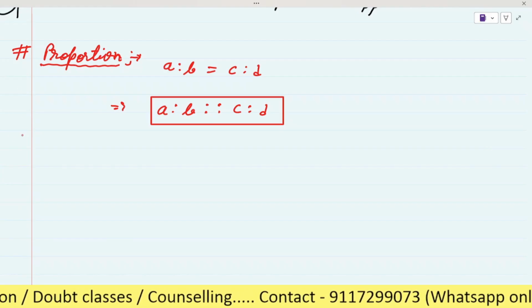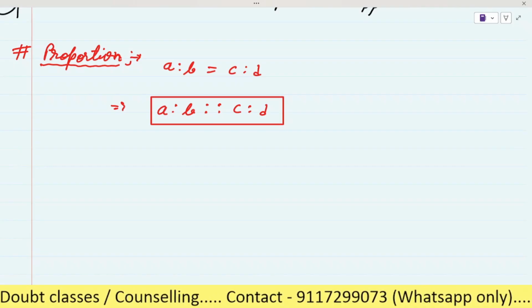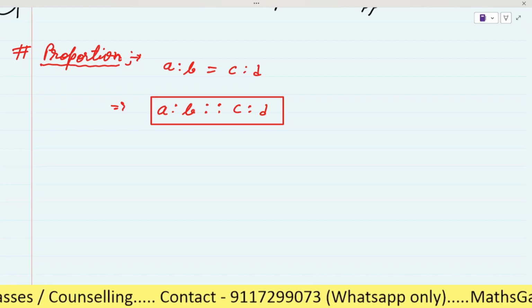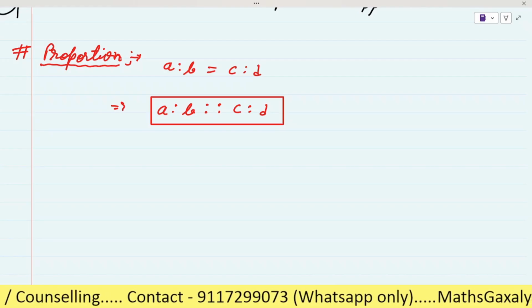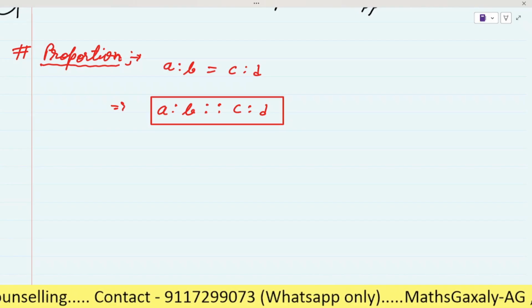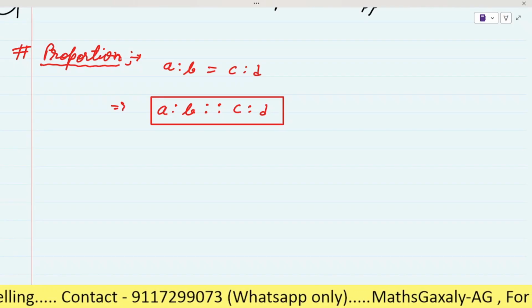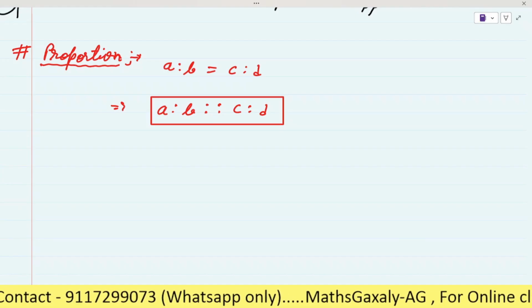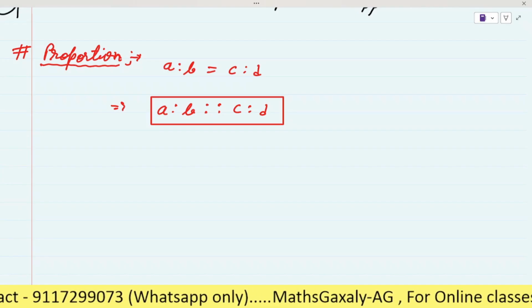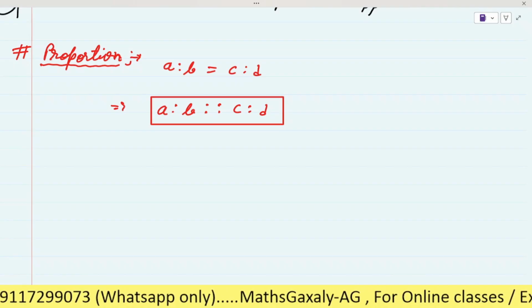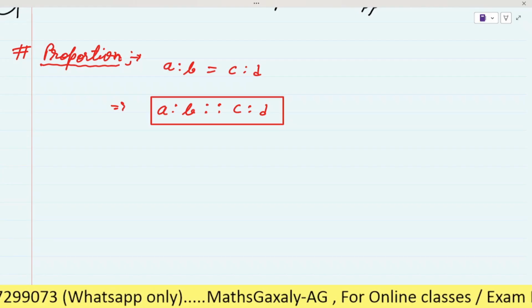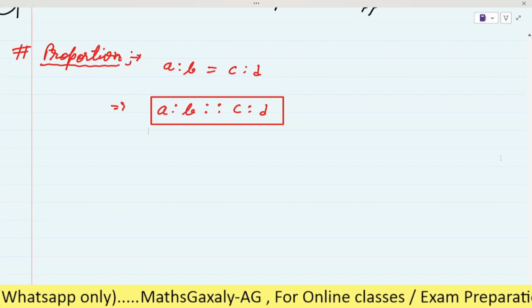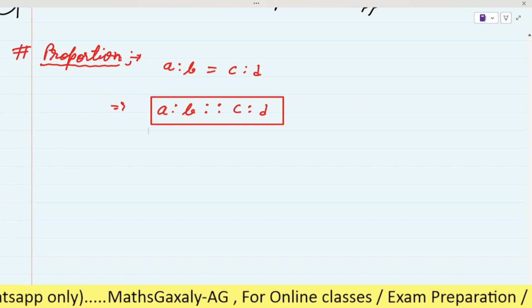Now let's see here. Proportion, mean proportion, third proportion, fourth proportion. See here, there is a concept.